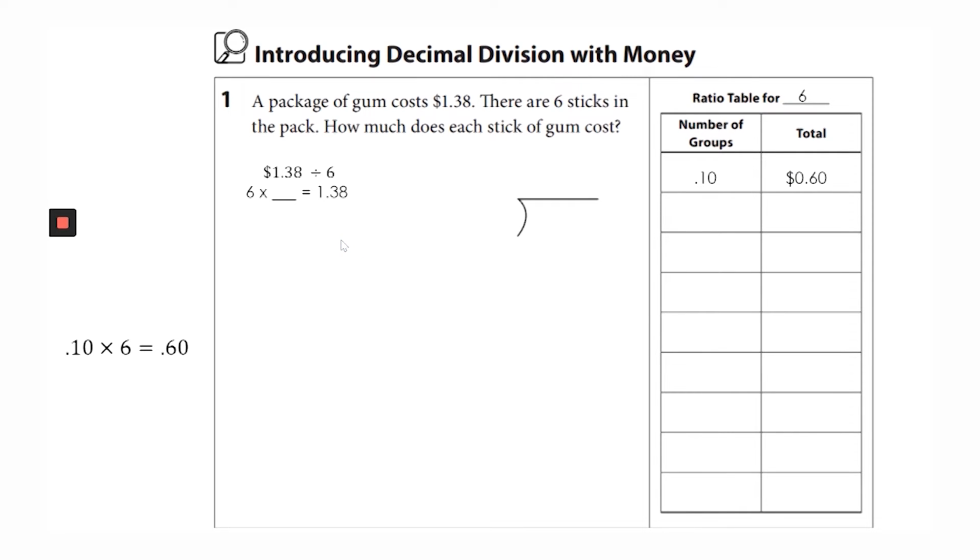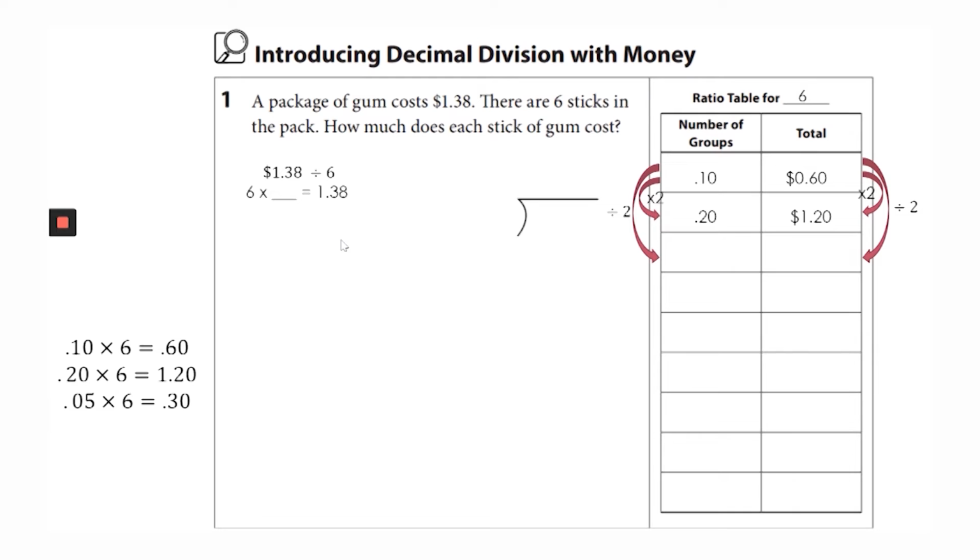Okay, so we put it into our ratio table. What should we do next? Well, let's try doubling that. So doubling, that would be 20 cents times 6. That's $1.20. Okay, what should we do next? How about let's split the 10/100 in half. 10/100 in half, that's 5/100 times 6, and that is 30 cents.